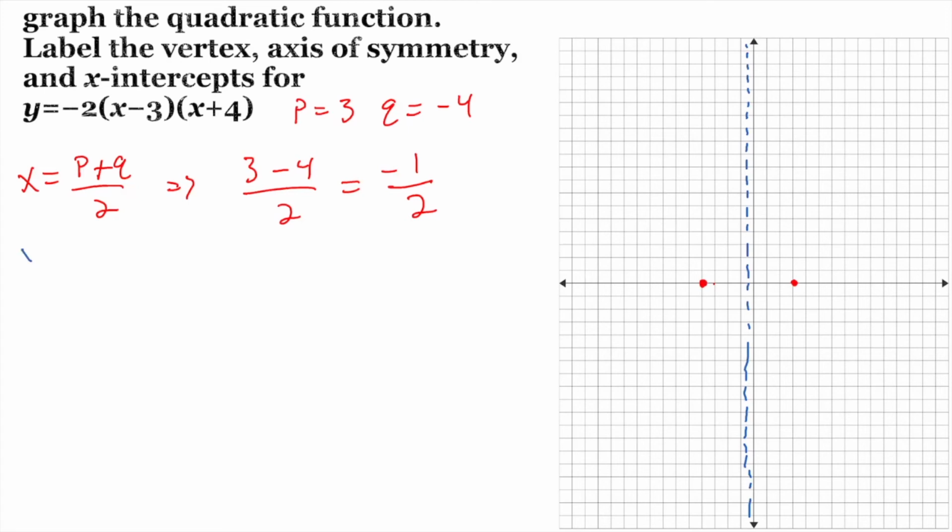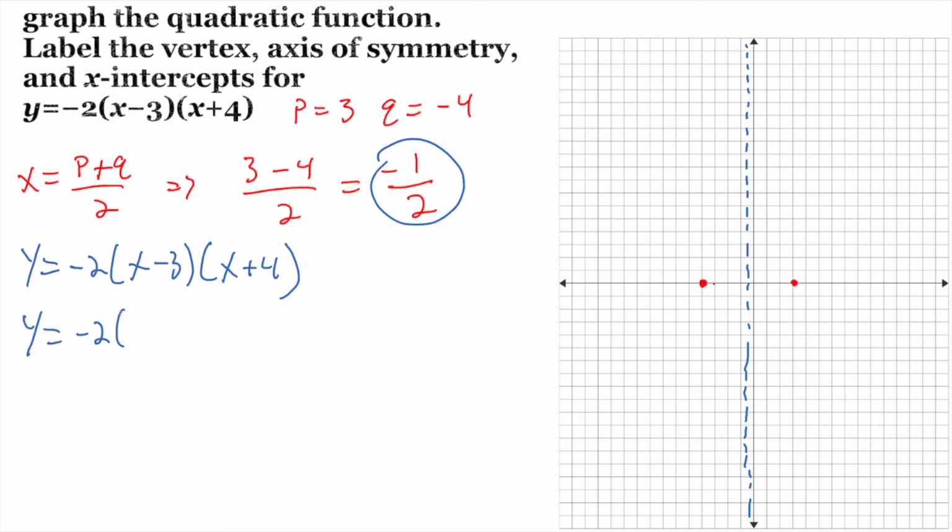So I'm going to use my original equation. y is equal to negative 2 times x minus 3 times x plus 4. I'm going to substitute this value for x. So y is equal to negative 2 times negative 1/2 minus 3 times negative 1/2 plus 4.